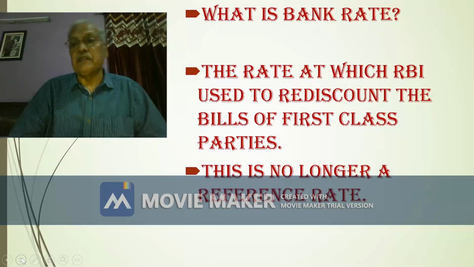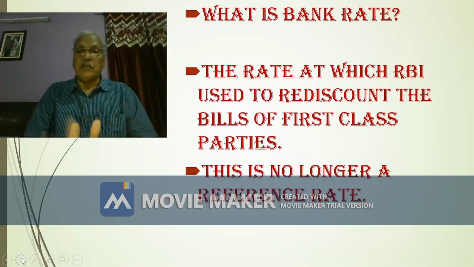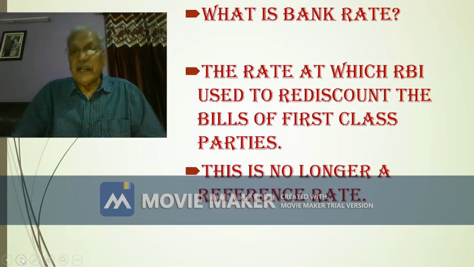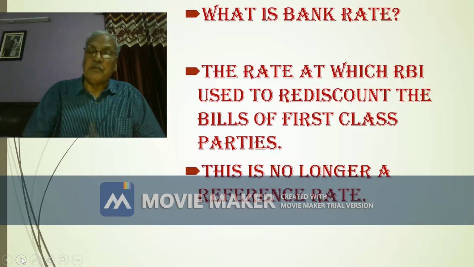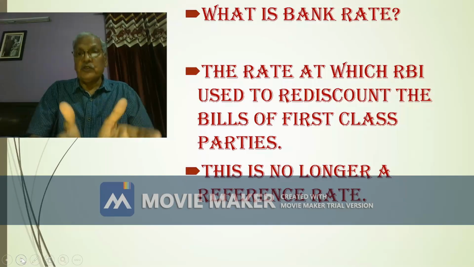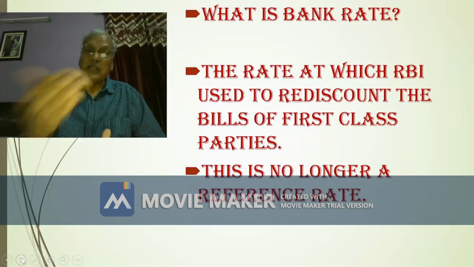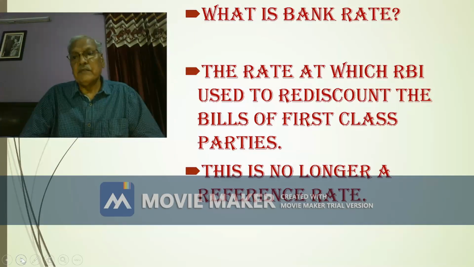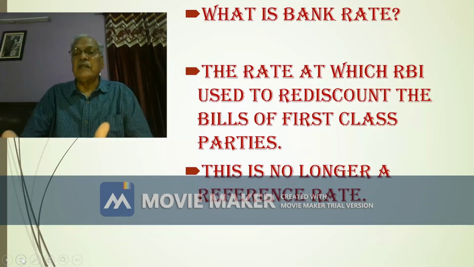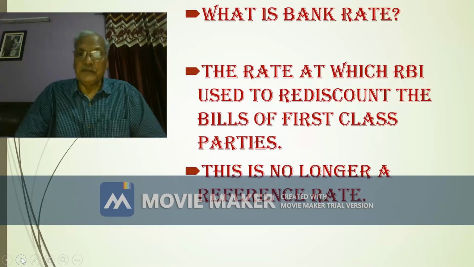They used to discount their bills from the commercial banks, and in case of need of funds, commercial banks could approach RBI with those discounted bills for rediscounting, and RBI used to rediscount those bills of first class parties, and funds were made available to the commercial banks.